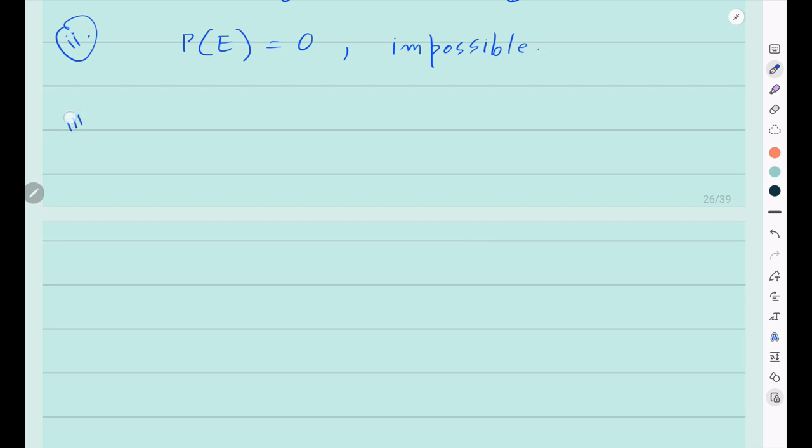The third question: the probability of an event that is certain to happen is 1. The probability of an event which is certain to happen, meaning there is no other go, it will happen, is 1.